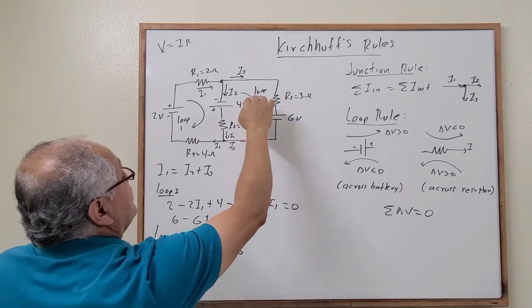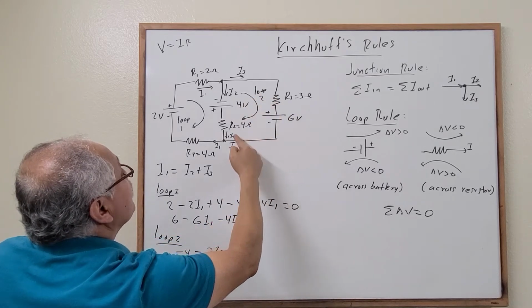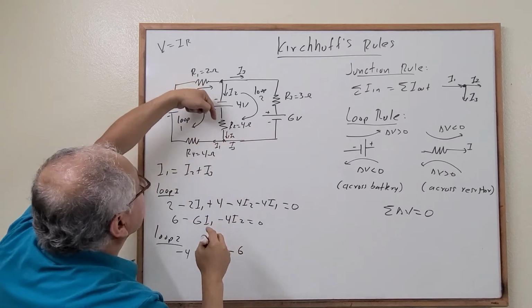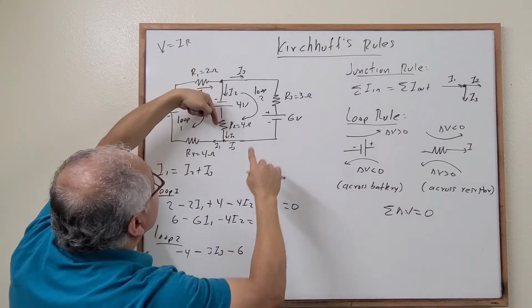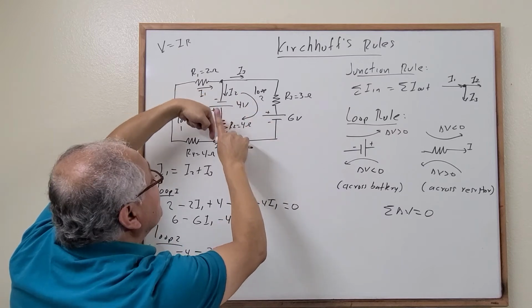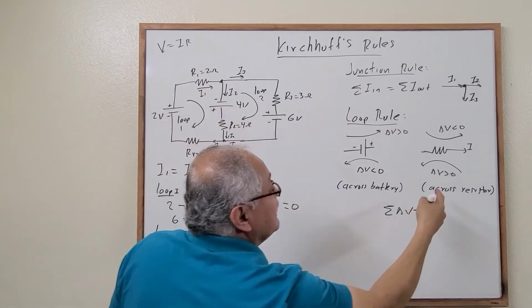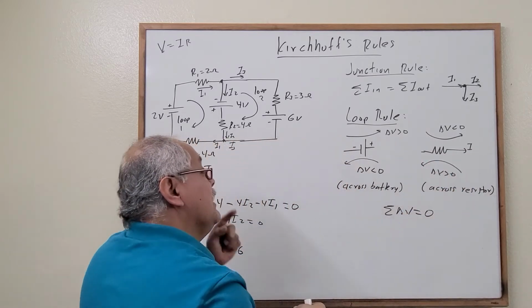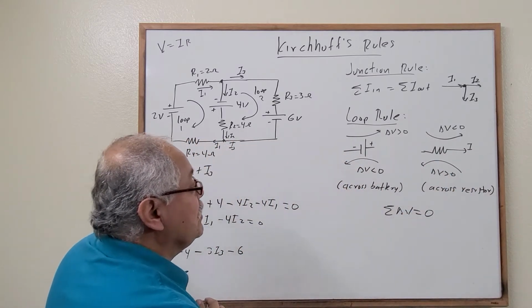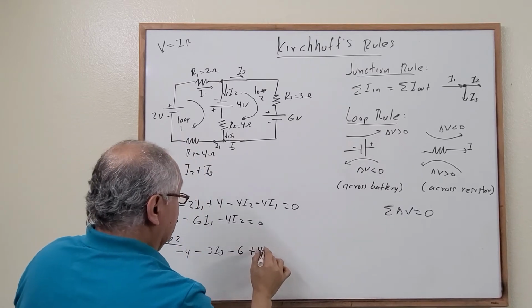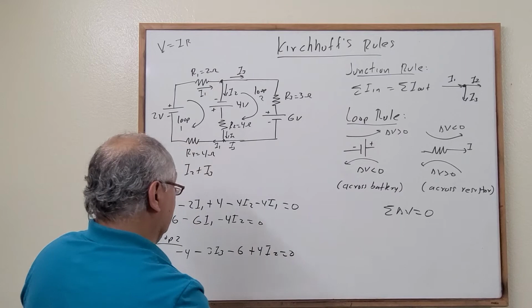Now it meets this resistance, but in this case, look, the current goes in this way and the loop goes in the opposite direction, right? When they're opposite, the voltage drop is positive, plus 4 current 2 equals 0.